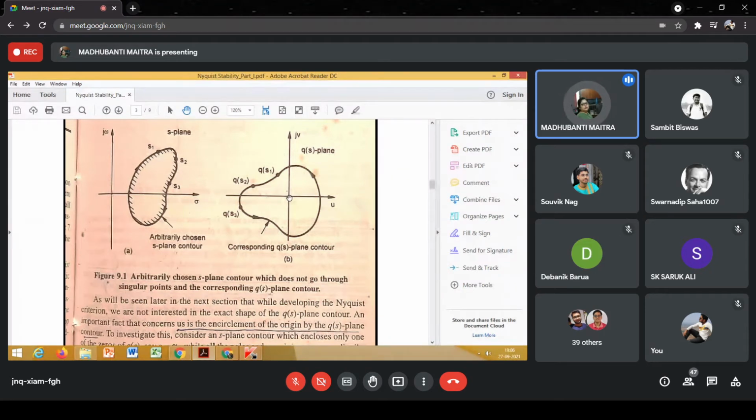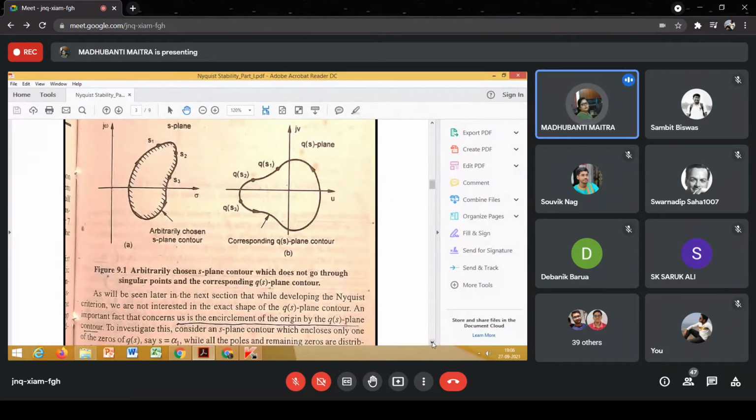So we'll try to find out whether the closed contour that we get on the Q(S) plane, for a closed contour that we have taken on the S plane, encloses the origin of the Q(S) plane or not.